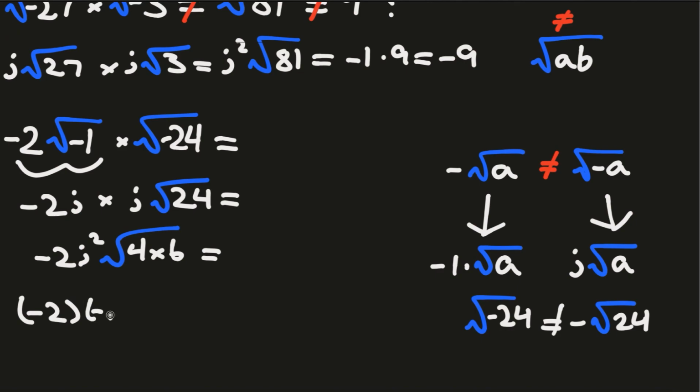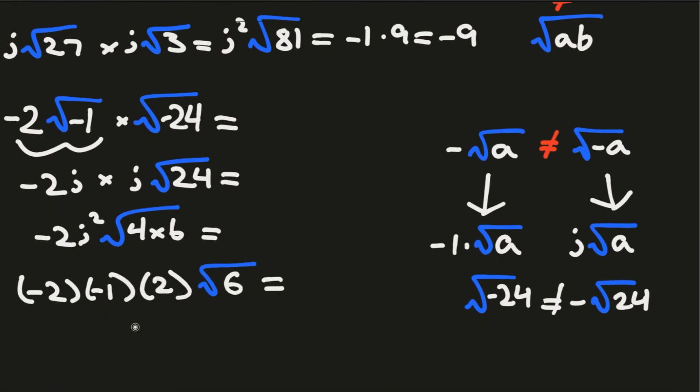So negative 2 times negative 1, and the square root of 4 times 6, we have a perfect square, the square root of 4. So we're left with times 2, and then the square root of 6 cannot be simplified as it is, meaning that we're left with 4 times the square root of 6.